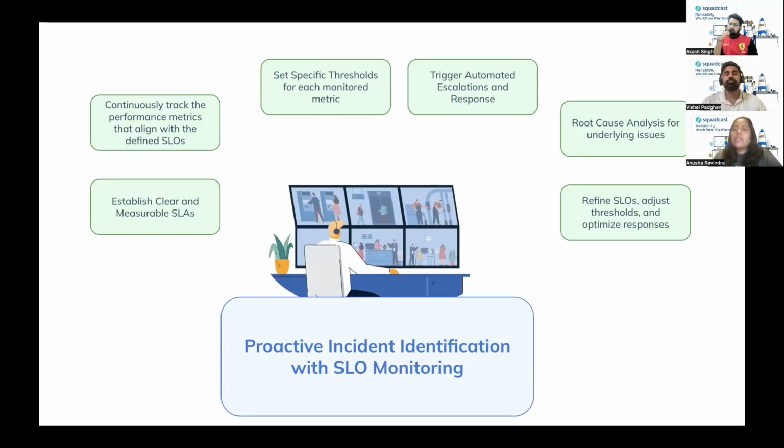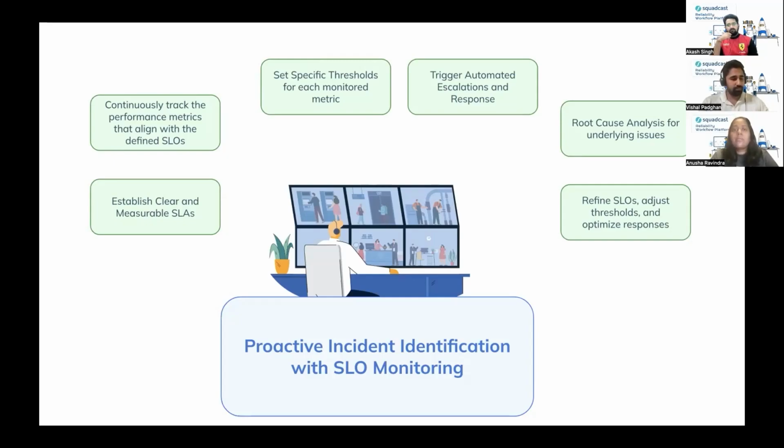Such deviations may actually indicate the occurrence of an incident or a future potential issue. Thresholds act as an early warning system. When specific metrics breach their designated thresholds, automated alerts are triggered, and this notifies incident response teams or the most relevant teams that something is going wrong. It requires your attention, so please take a look at it.